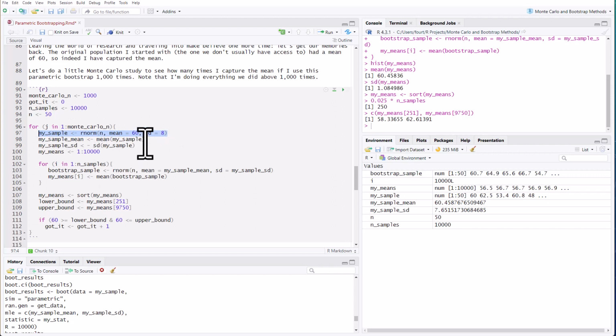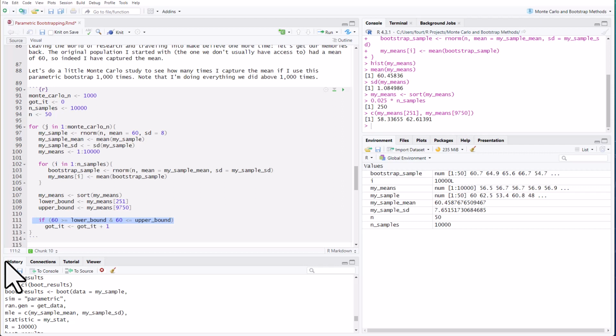I'm going to take a sample mean, I'm going to take a sample standard deviation, and I'm going to use those in my 10,000 bootstraps that I do. Each time I'm going to sort my means, look at the lower and upper bound, and I'm going to see if my actual parameter of 60 is at least the lower bound and no more than the upper bound.